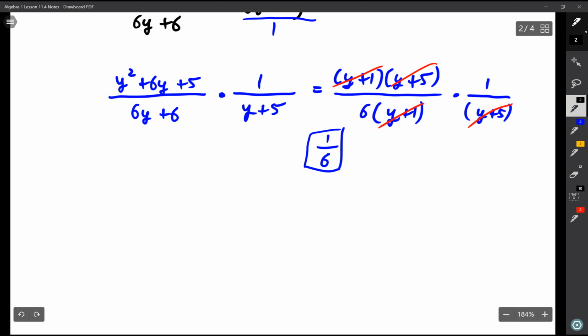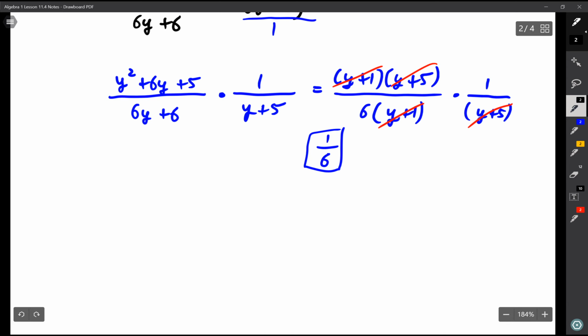So unit conversions, which is also known as dimensional analysis. Dimensional analysis. In other words, analyzing what dimensions you're dealing with, which is like another way of saying what units you're dealing with.